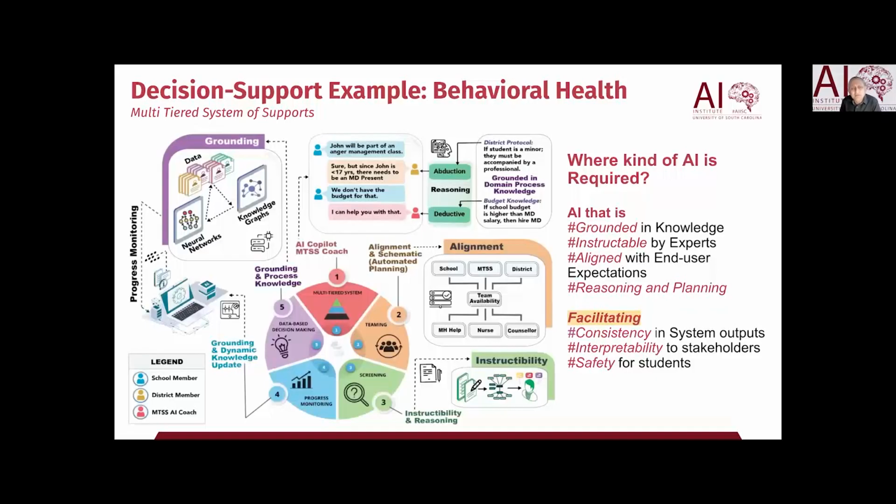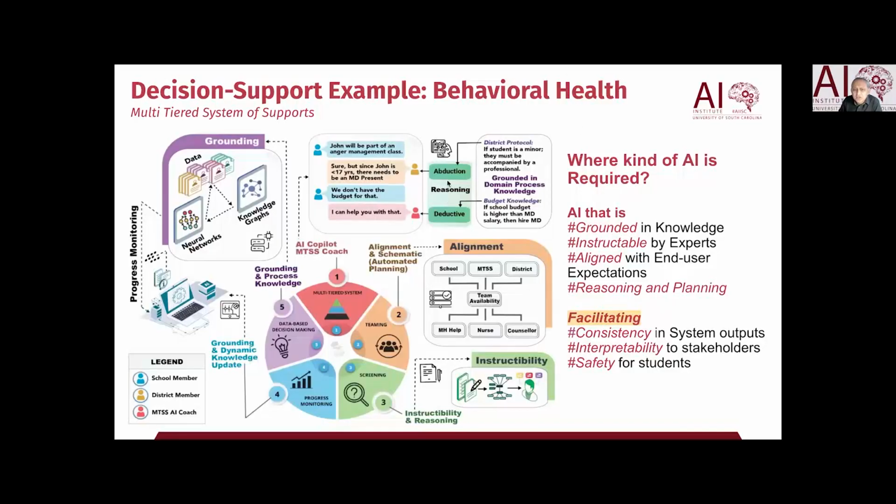Then when you look at this application, you'll see that there are quite a bit of requirements, and you can always think at the back of your mind, is current AI ready to support all of these things? We basically need AI that is grounded in knowledge, instructable by experts, aligned with end user expectations, and supports reasoning and planning.